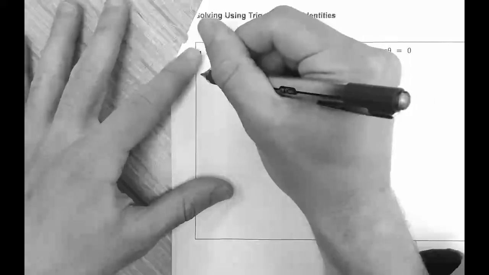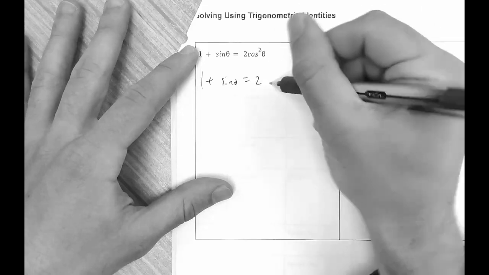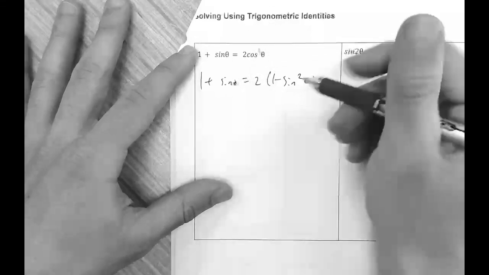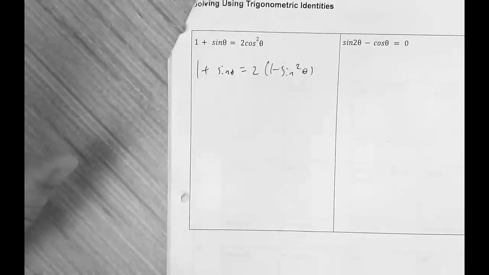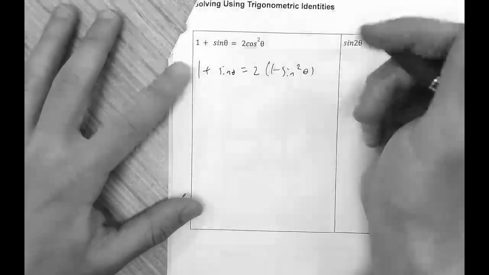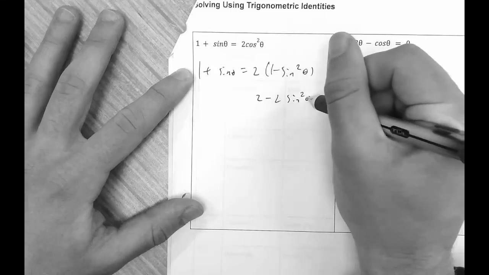It's easier to convert from this cosine squared to the sine, so then I can evaluate it, right? So we have 1 plus sine theta equals 2 cosine squared theta, and cosine squared theta would be 1 minus sine squared theta. We're just going to rearrange things here, and this would be 2 minus 2 sine squared theta.